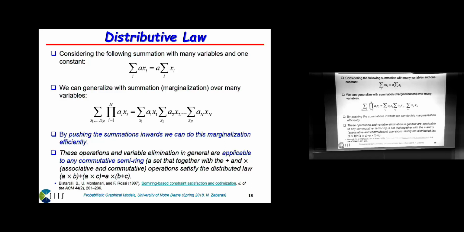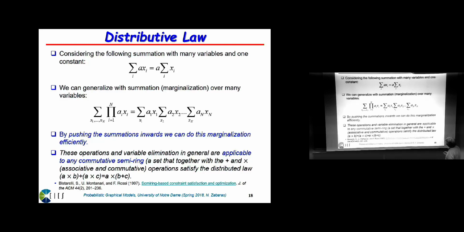In a more general sense, think of discrete variables x1 to xn, with a summation over them, and inside a product of alpha 1 of x1, alpha 2 of x2, etc. Look what I have done. I took this product and split it into pieces, and then pushed the summations forward so each of them operates only on the right argument.